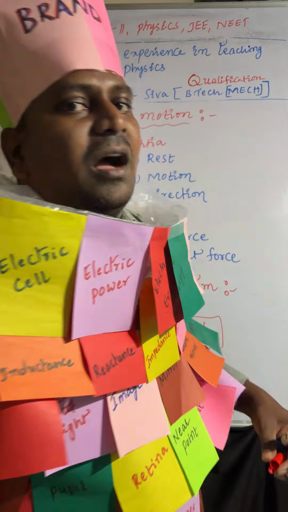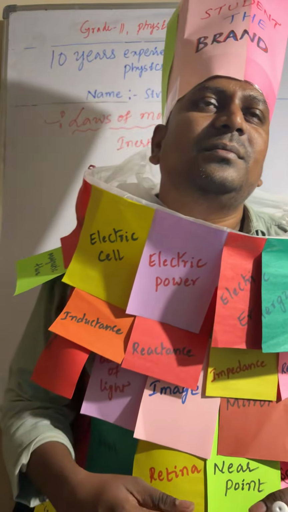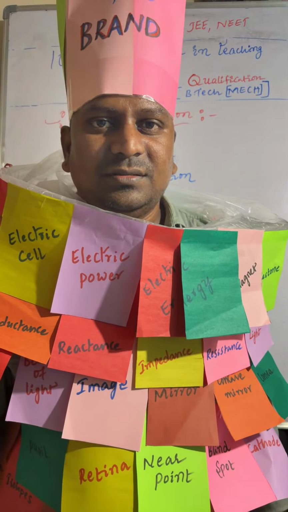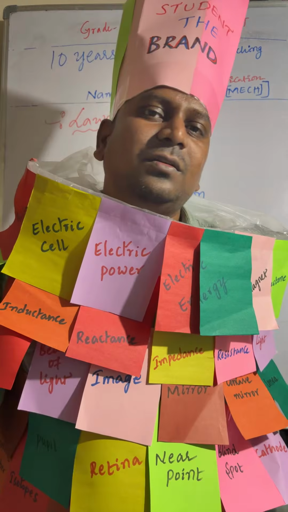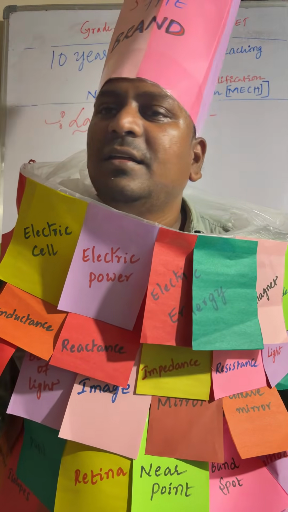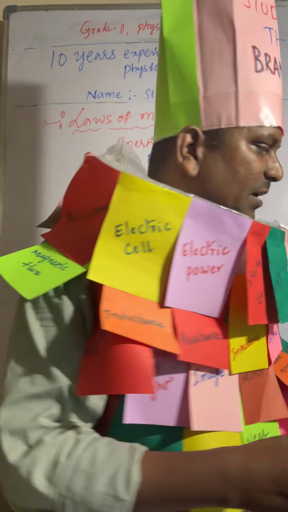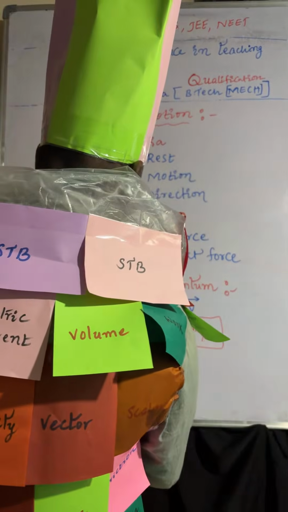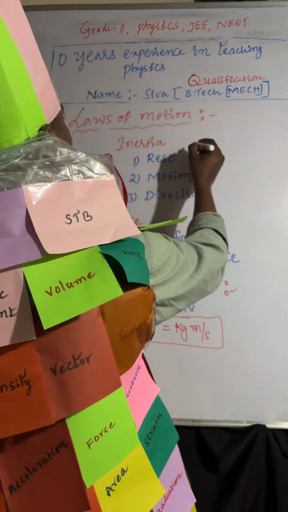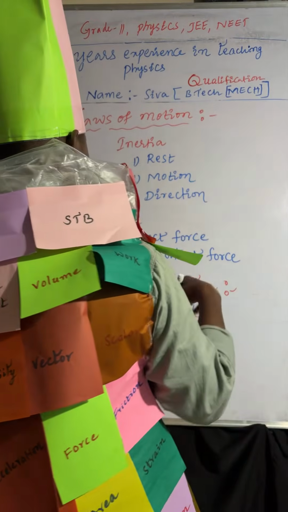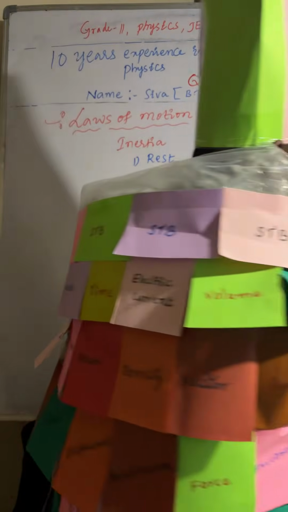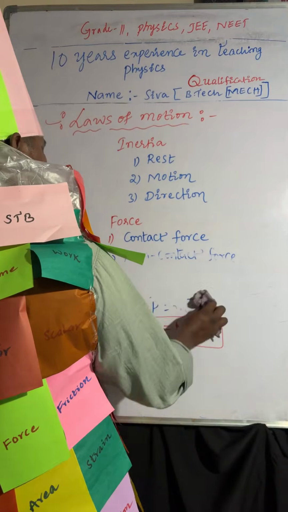And coming to the law of conservation of linear momentum. Momentum will be conserved. Say two bodies are there. M1, U1, suppose I am taking here, before collision, like this. I hope it is very clear. Inertia of rest, inertia of motion, inertia of direction. So let's start.